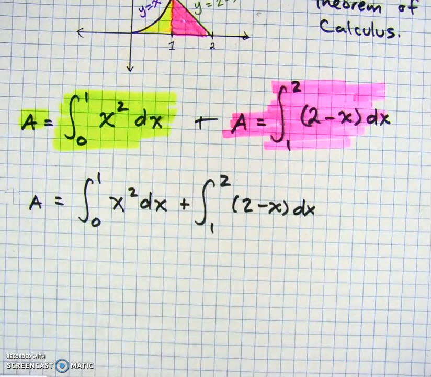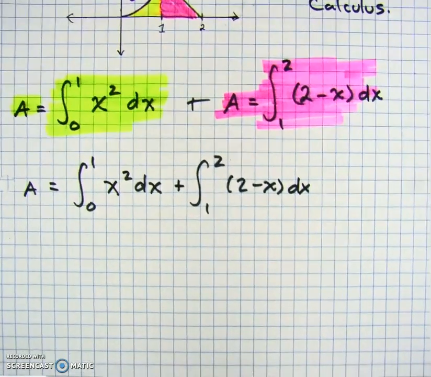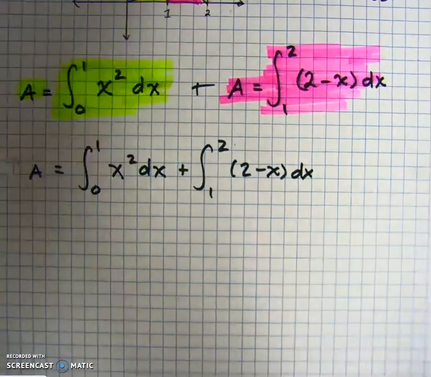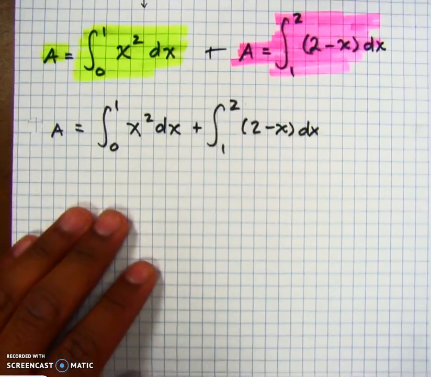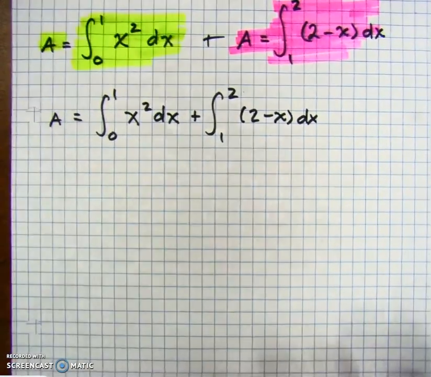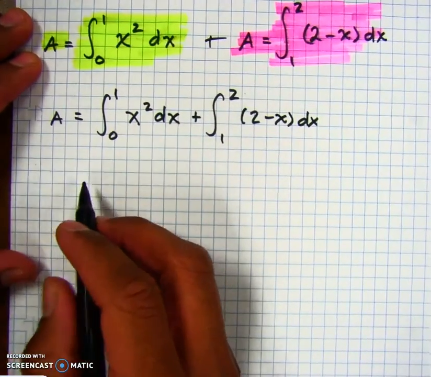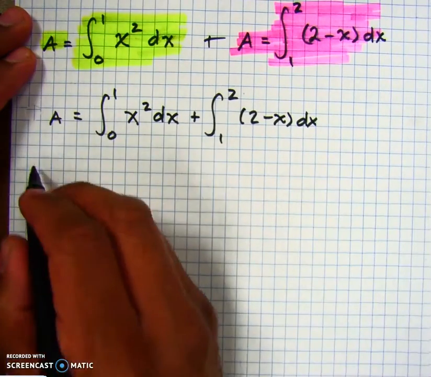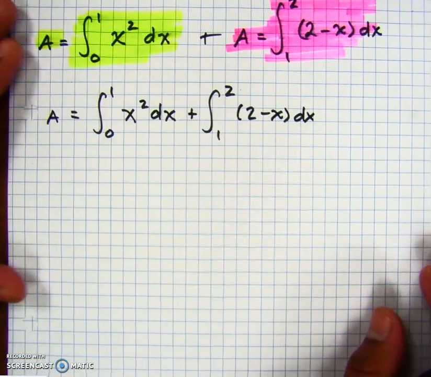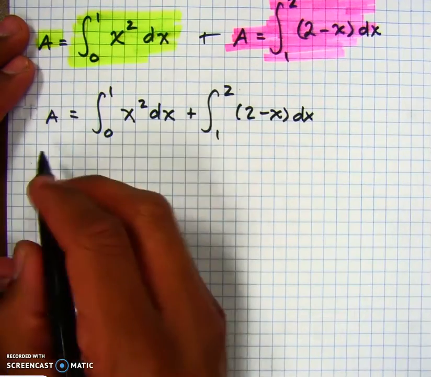Okay, you might want to pause the video and try to integrate this on your own. Okay, but if you're having trouble with this, just follow along. You should eventually kind of be able to do this real quick.